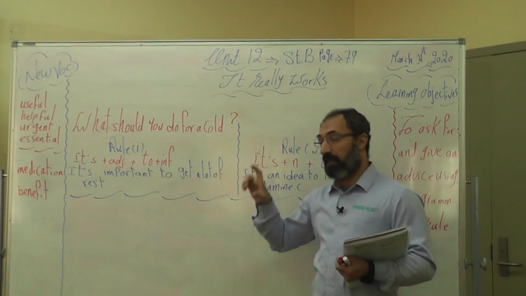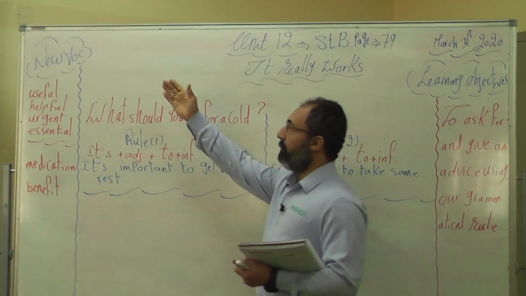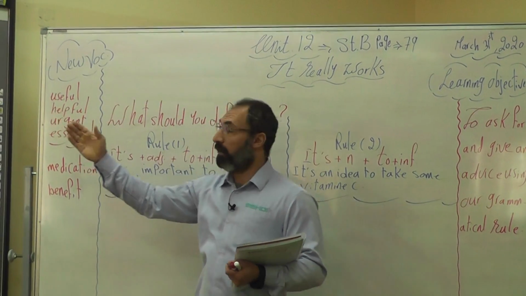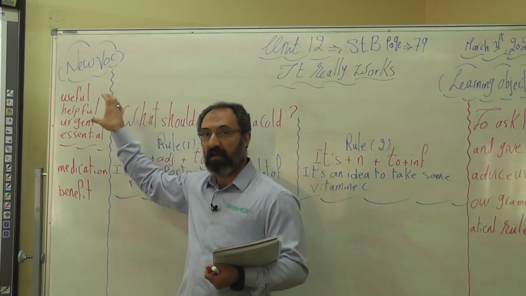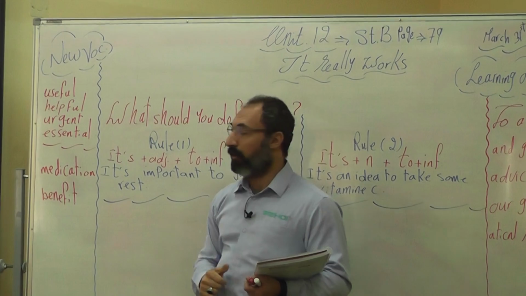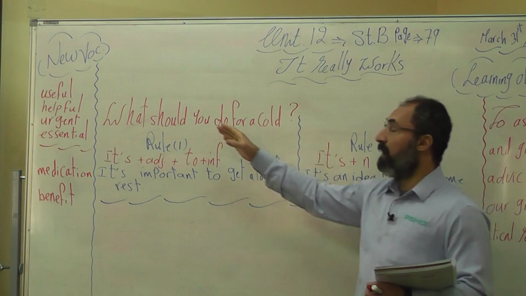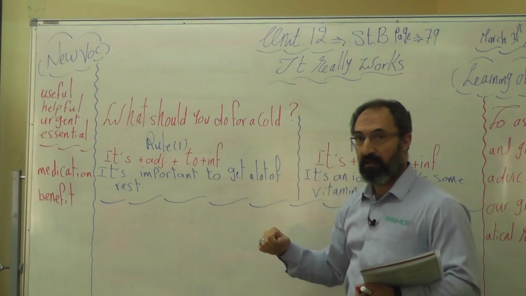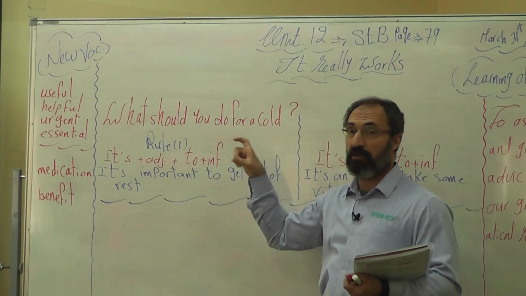Okay, let me tell you about the division of our whiteboard. The first column is assigned, as usual, for the new vocabulary, and here we have some of them that we are going to preview later on. In the middle of my board, I have a main question on which my lesson is going to rest.